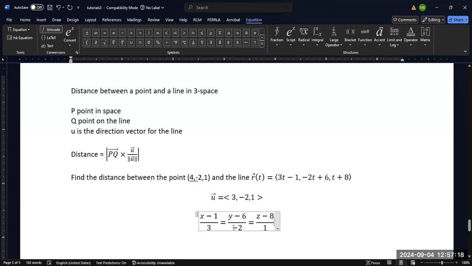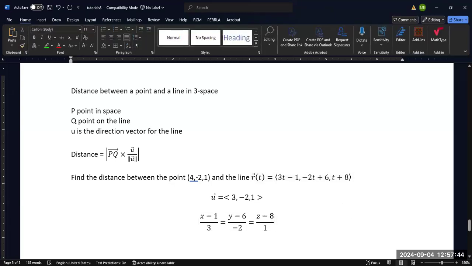You do have to be a little careful with the negative signs because sometimes they're distributed through the numerator to switch the order. So 6 minus y over 2 would still pull out a -2. But symmetric form, you would pick basically the denominators. In parametric form or vector valued function form, it's just the coefficients of t in your system.